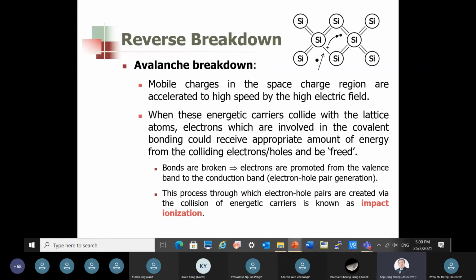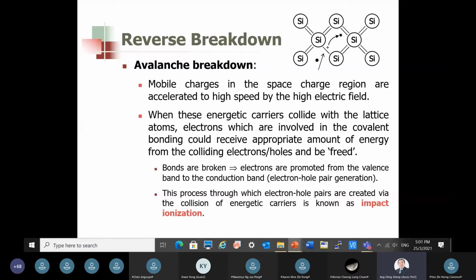It's still caused by the mass of the particle, because it's the mass that gives it kinetic energy. So when it becomes energetic with high kinetic energy, it can pass on energy to another less energetic carrier. You can think of two billiard balls colliding with each other.